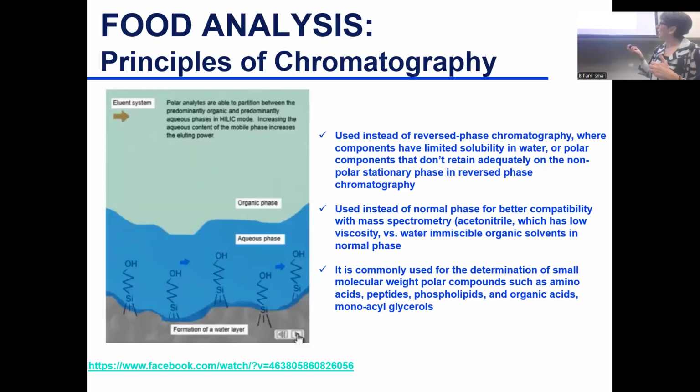So we can use hydrophilic interaction chromatography and link it to mass spectrometry, because acetonitrile water is a better mobile phase to interface with mass spectrometry. So these are the reasons: the solubility of your components and the interface with mass spectrometry. That's why there is hydrophilic interaction chromatography.